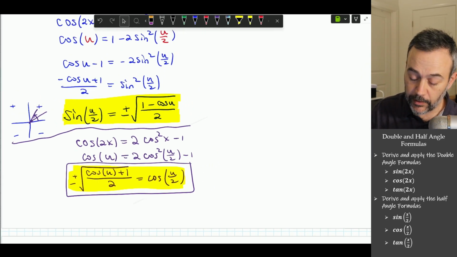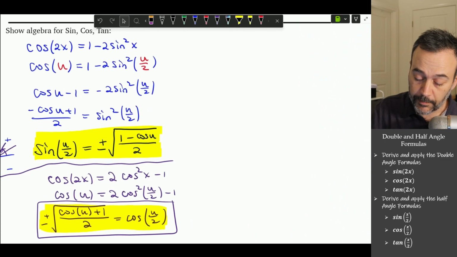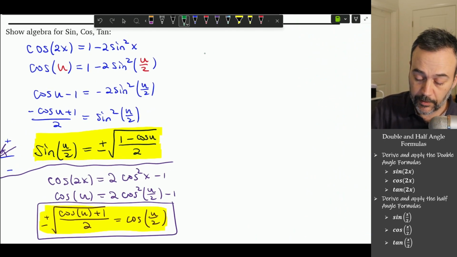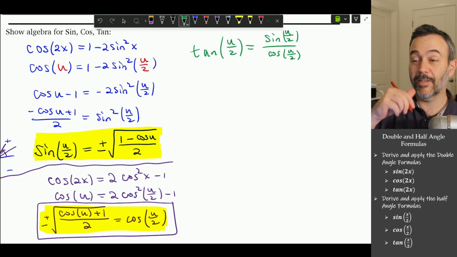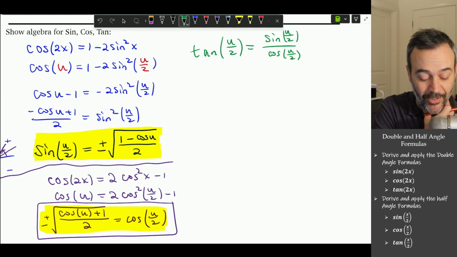Now, tangent of u over 2 is a little bit of work. I'm not going to do the whole thing, but I will tell you that it starts out this way. Tangent of u over 2 is sine of u over 2 over cosine of u over 2. And we know those formulas because they're highlighted on the left side of the same page.